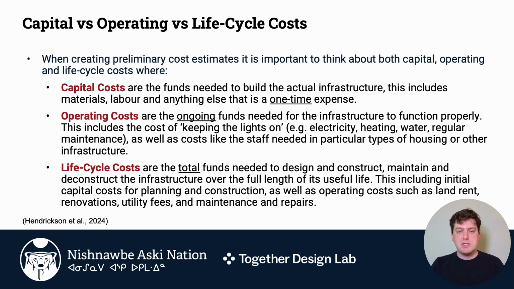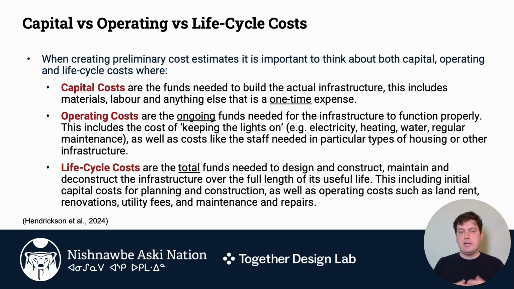So once someone has moved in, there's the operating and maintenance costs related to keeping the house running day to day, keeping the heating and electricity on, as well as the kind of regular maintenance required to keep the house in good operating condition. And the total of those costs, the sum of the capital costs and the operating and maintenance costs through the life of the house, are the life cycle costs.